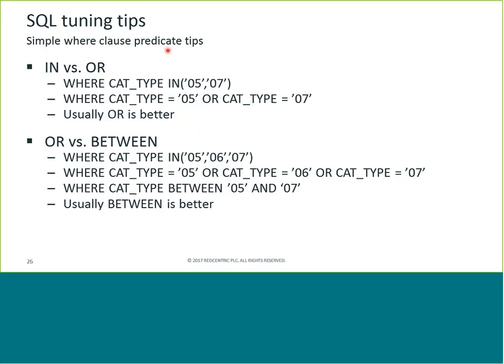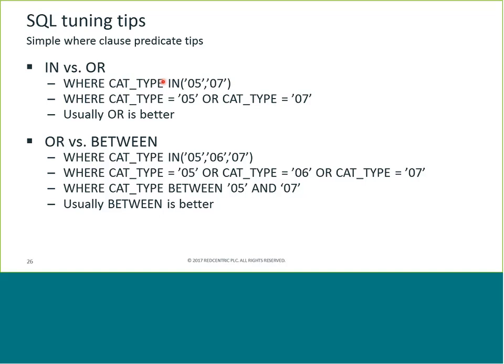So some simple where clause predicate tips. I talked about improving ORs. SQL IN versus using SQL OR. In this case, we've got a where column name is in 5 and 7. That's actually usually more efficient to code where category type is 5 or category type equals 7. Because of the way IN works, that's not passed down to CBS as one of the selection predicates.